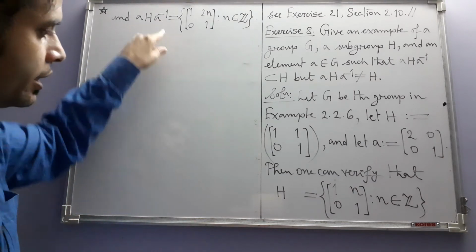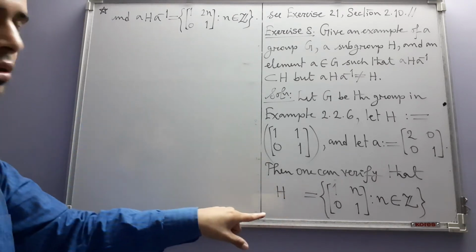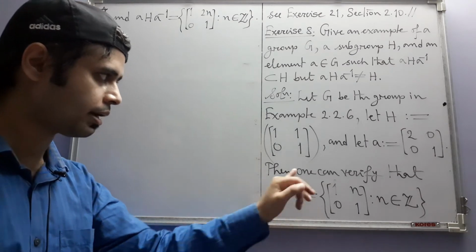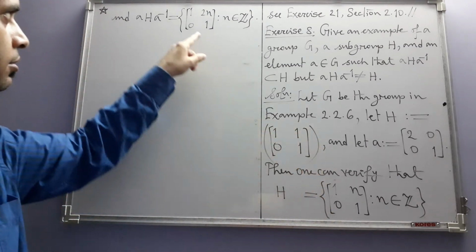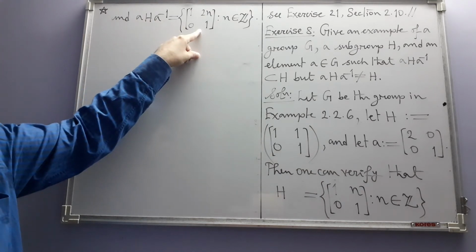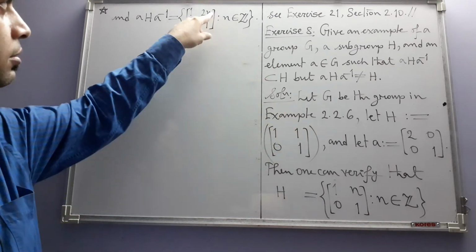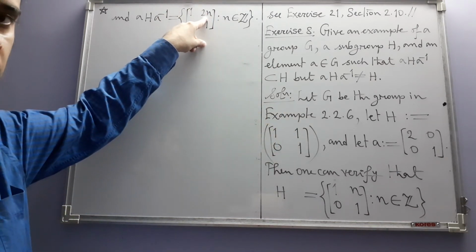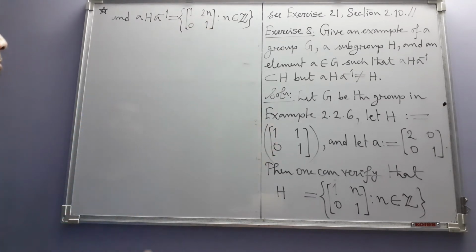So A inverse is contained in H. However, these two clearly are not equal, because this H has the element, this matrix 1 1 0 1, which is not there here, because this one is odd. All the matrices here have the first row, second column entry an even integer, but this is odd.